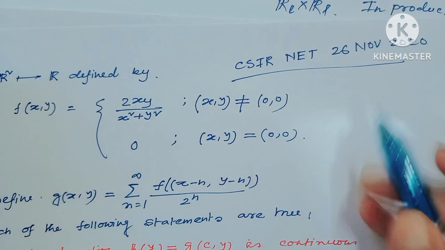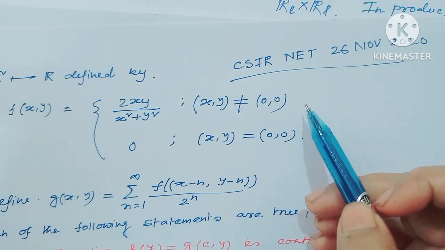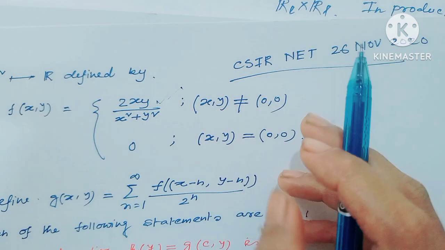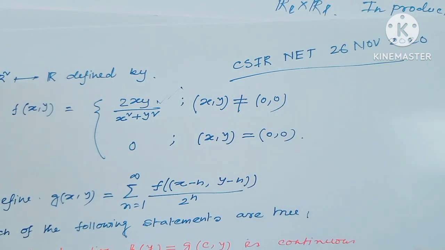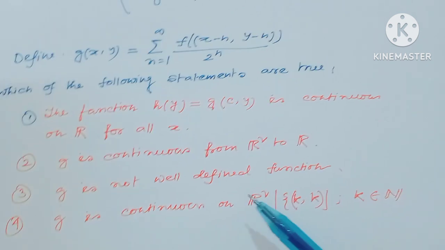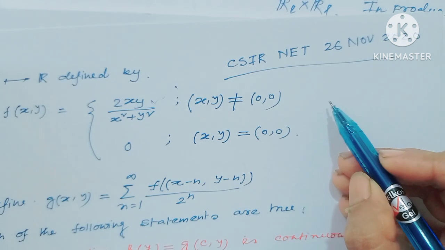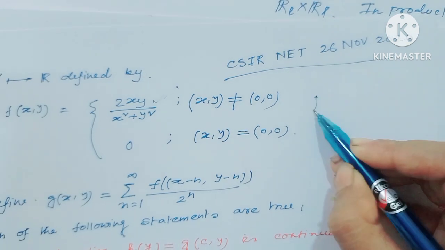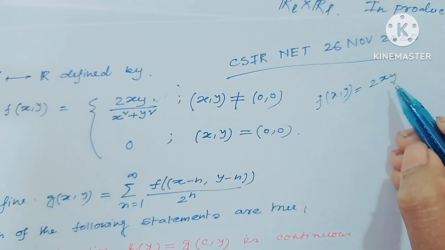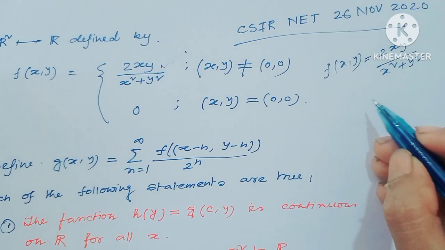Notice the function f is obviously continuous at any point not equal to (0,0). But we have to check only at the point (0,0), because that is where the question about continuity lies.